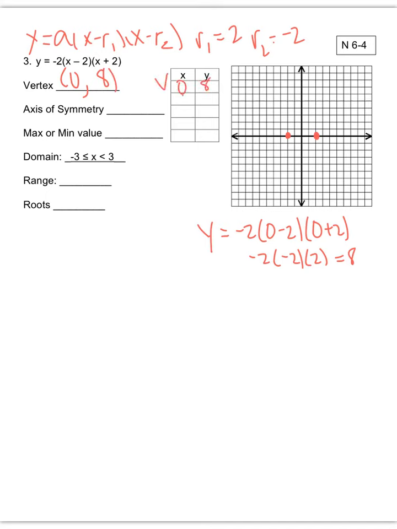And then we're going to choose 3 consecutive x values, so 1, 2, and 3. Notice that on the graph, we already have a root at 2, so we know that's going to be a 0. And then we'll plug in the 1.